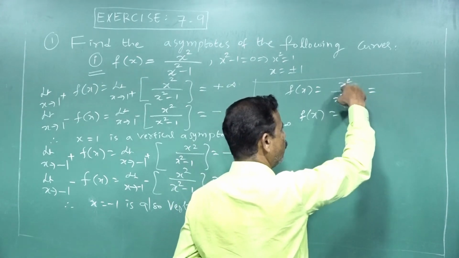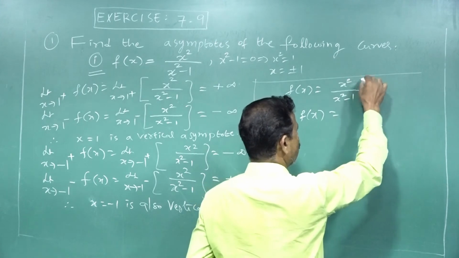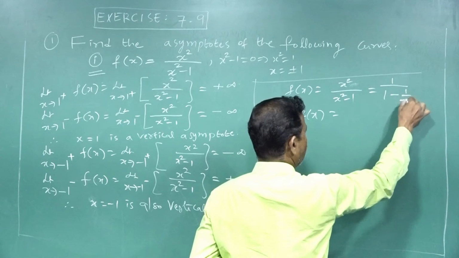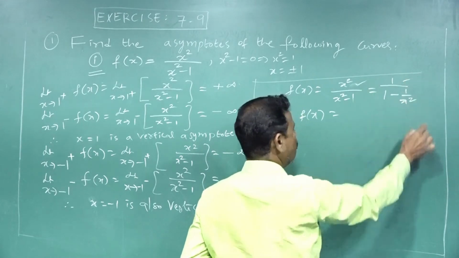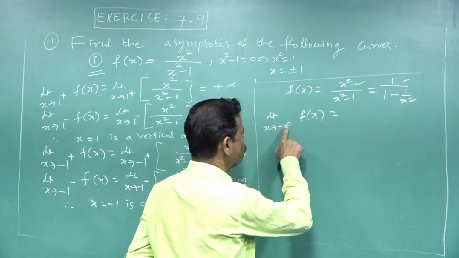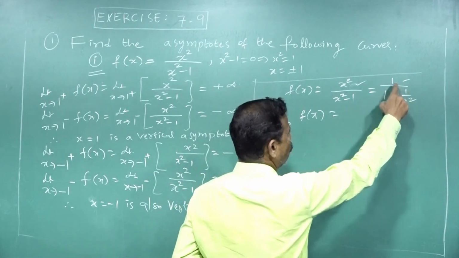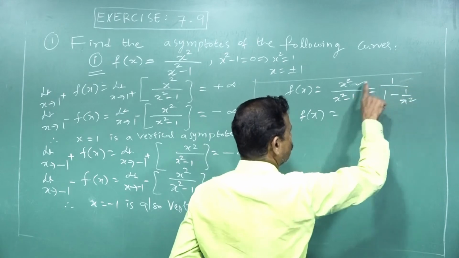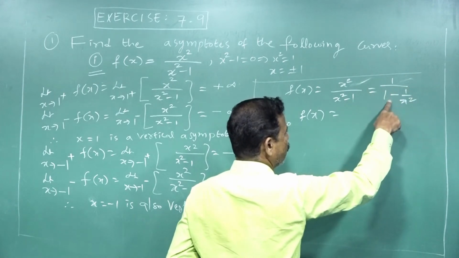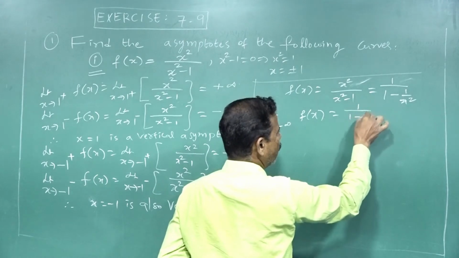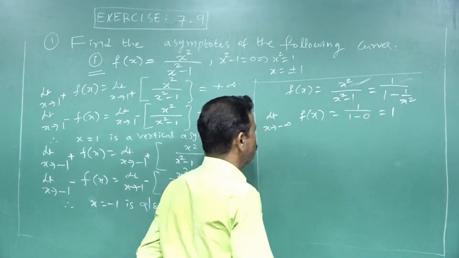So x square by x square is 1, and x square by x square minus 1 by x square. Now we substitute minus infinity: 1 by x square is 0, so it is 1 by 1 minus 0, which is equal to 1.